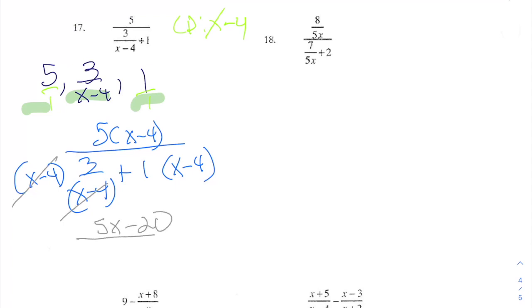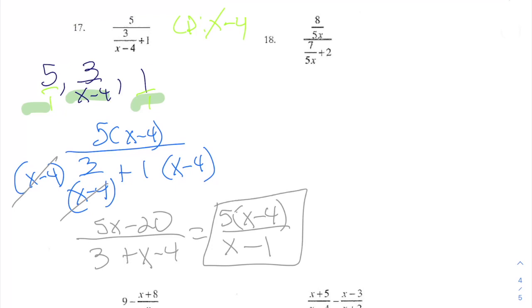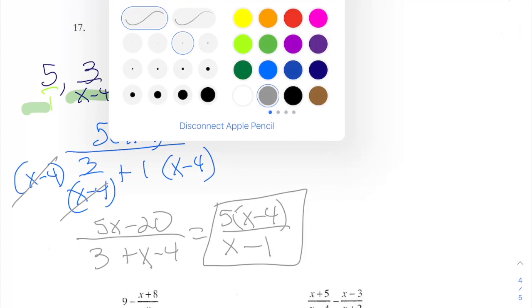These cancel, right? 3 plus x minus 4, which gives me 5 times, I'm going to simplify this, 5 times x minus 4 all over x minus 1. So again, you could do it a different way if you want, but I found over the years that kids like to do it this way. Okay.